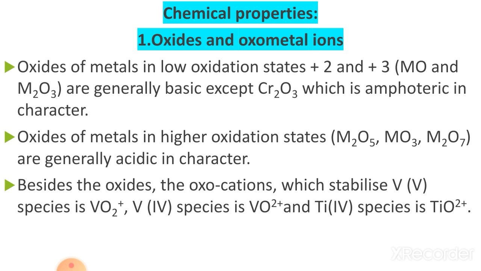Similarly, the vanadium in the +4 state species is VO2+, and titanium in the +4 state species is TiO2+. So you can also calculate the oxidation number of titanium and vanadium in these oxocations.